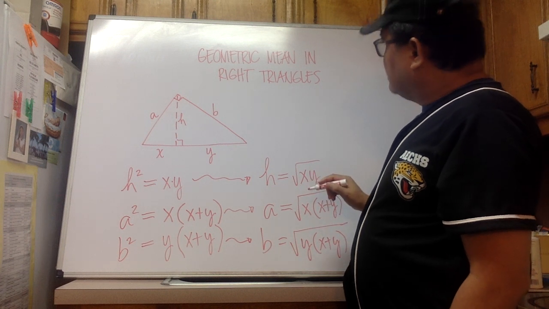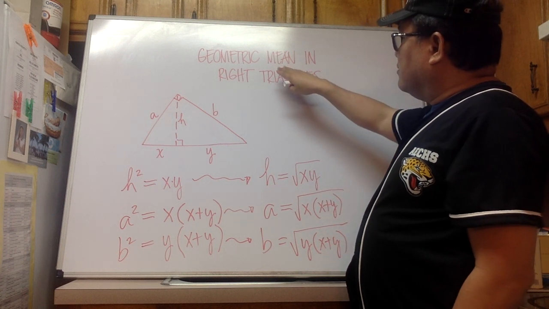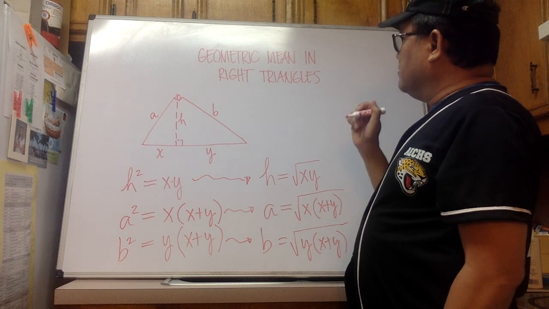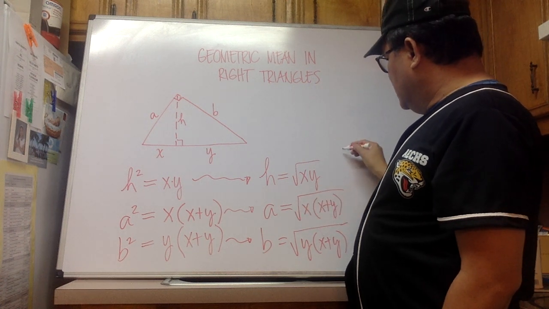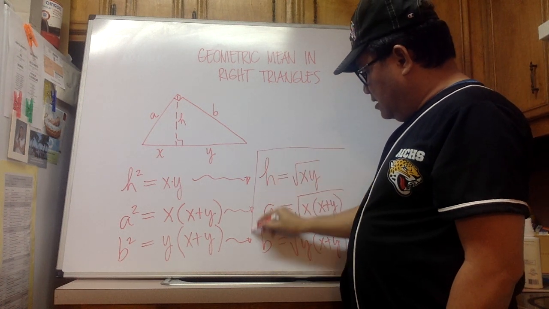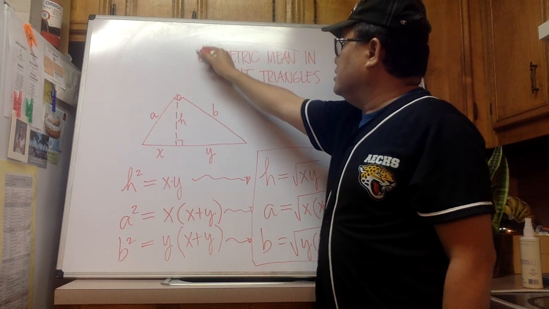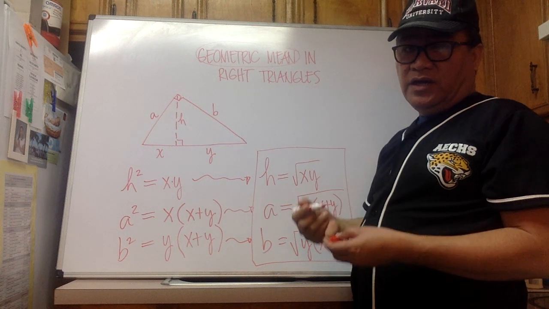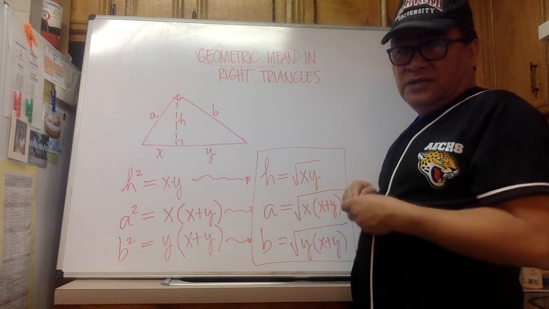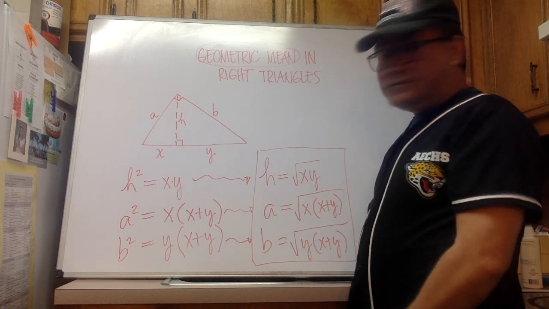So now, if you're wondering where the geometric means are in right triangles, these three represent the geometric mean that we are talking about inside right triangles. Any questions so far?